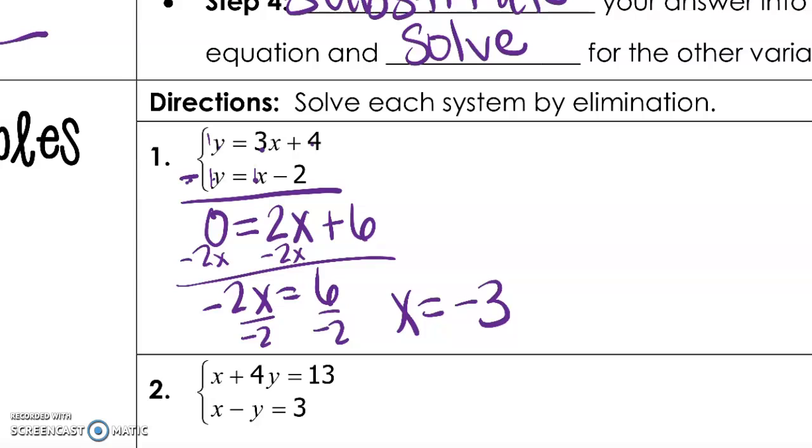This way to solve seems a lot easier than substitution. For the most part it is. It's just when you plug it back in, it gets a little bit harder. You can plug x equals negative 3 into either of your equations. I'm going to plug it into this one because it's a little bit easier. So y equals negative 3 minus 2, which is negative 5.